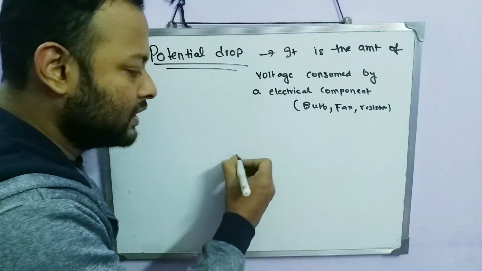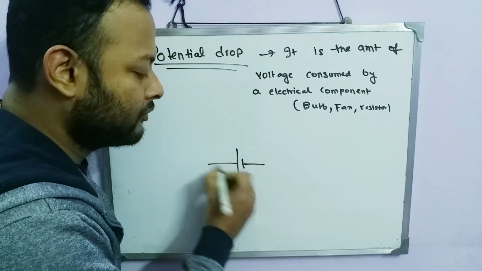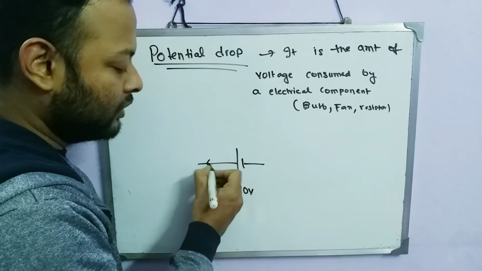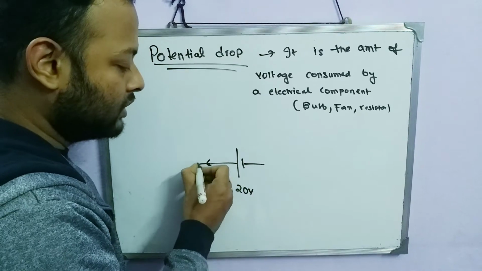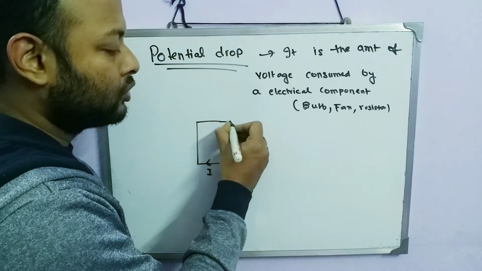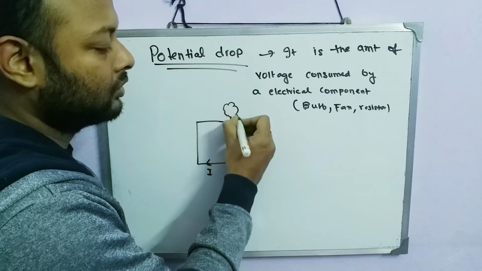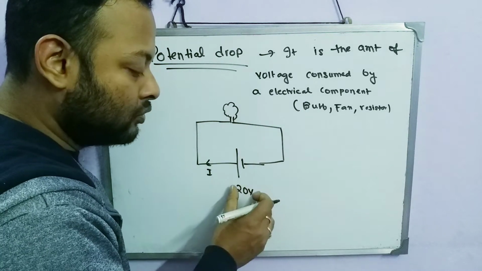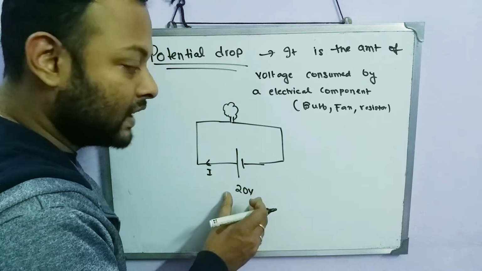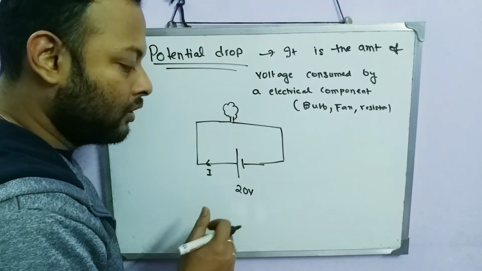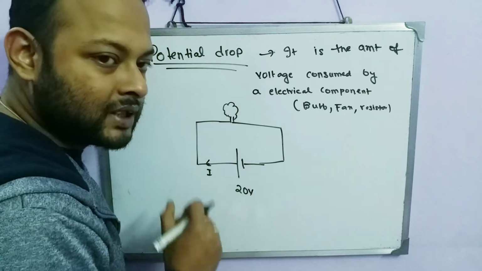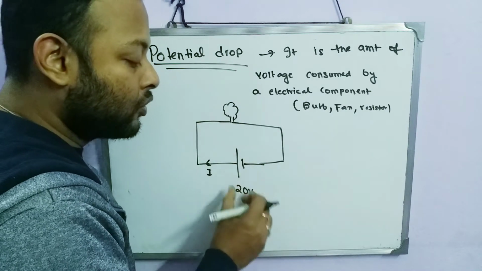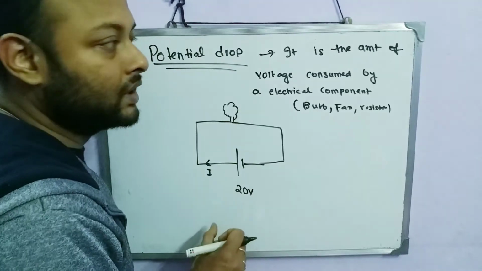Now let's understand it. Suppose you have a battery, say this is 20 volt, and this battery will provide some current. This current is passing through a bulb and then coming back. Because of the 20 volt, this current is produced. Now this bulb will consume some potential.